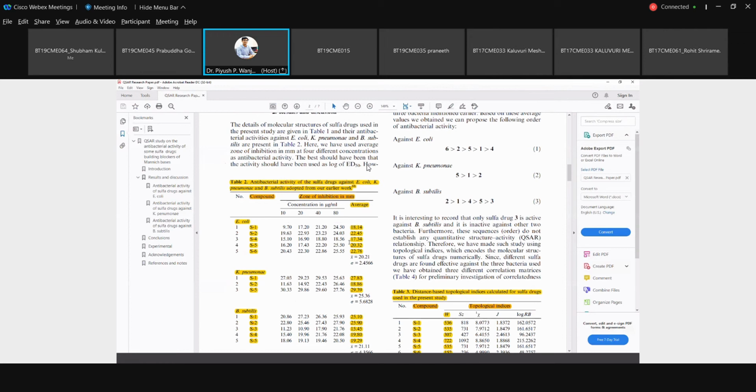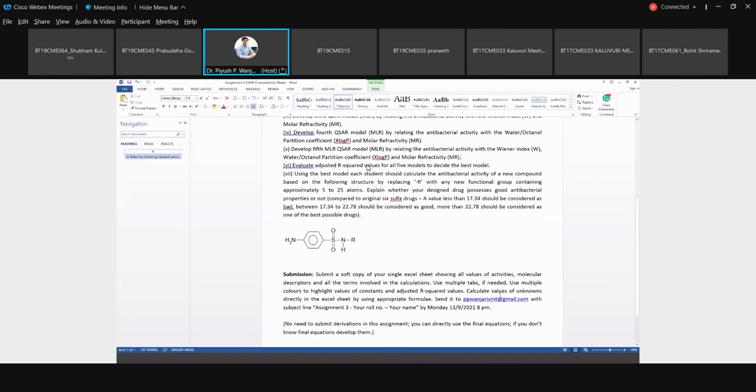But if the value is lower than 17.34, we will keep the criterion that it is not a good compound because the antibacterial activity is less. Similarly, if the value is more than 22.78, then the compound you considered for your study is one of the best possible compounds you have got using your model.